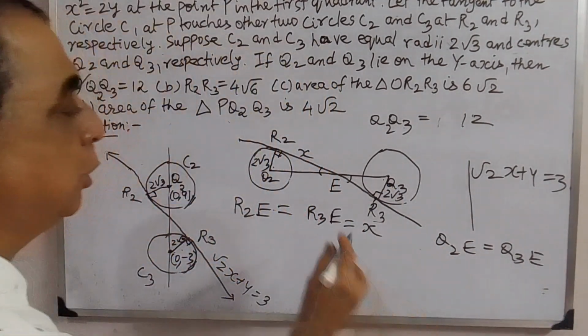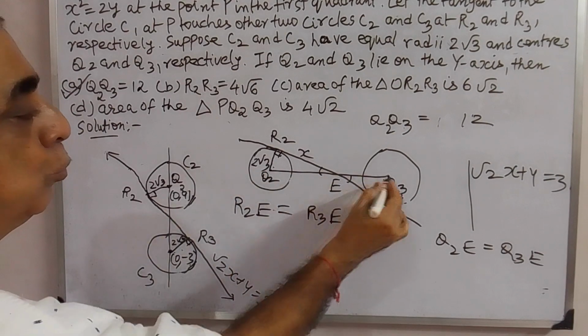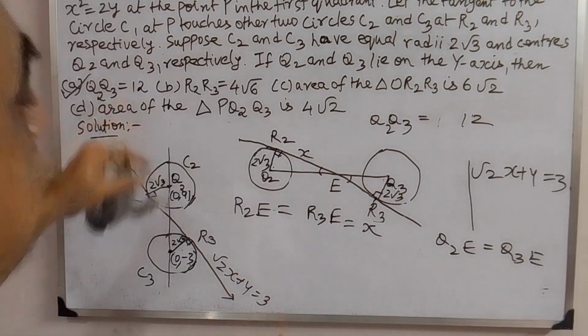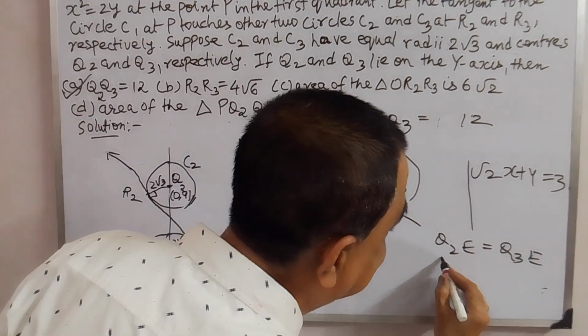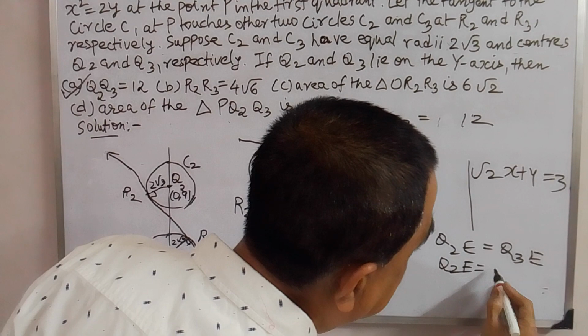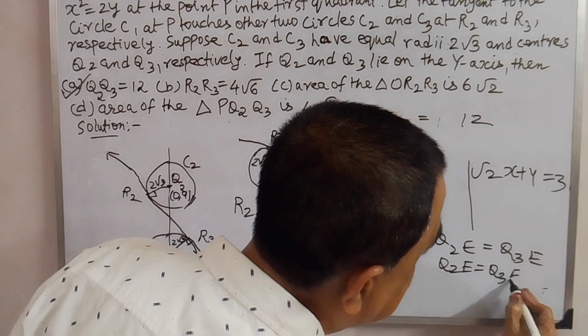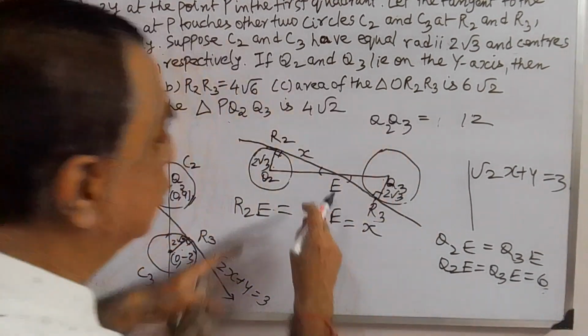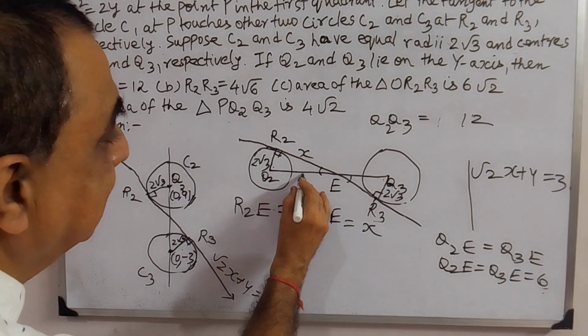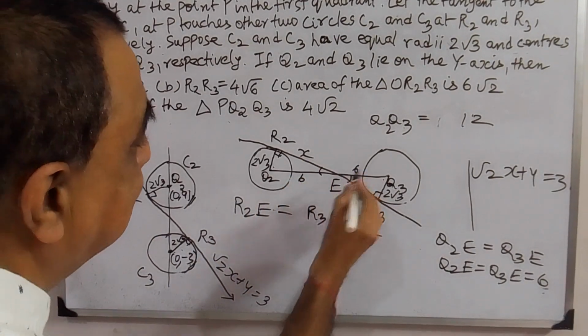So these will be equal, and the total length Q2Q3 we have found is 12, so each will be 6. So Q2E and Q3E will be 6 and 6, because the total length is 12.